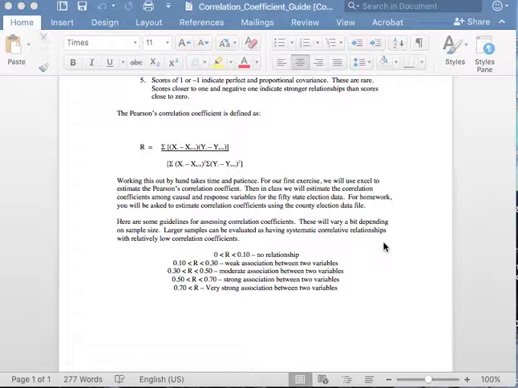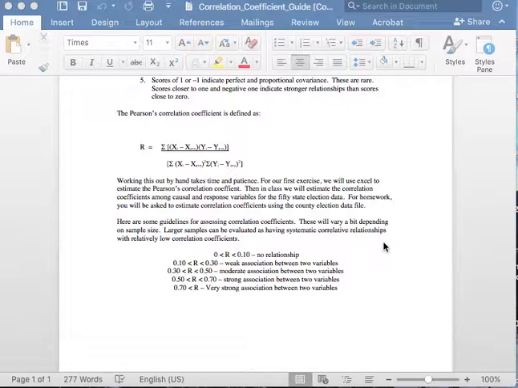You take that sum and you divide it by the divisor, which is the square root of the sum of the x values minus x bar, the mean of x, squared, times the sum of the individual y values minus the average of y, also squared, and that will give you the relationship there.